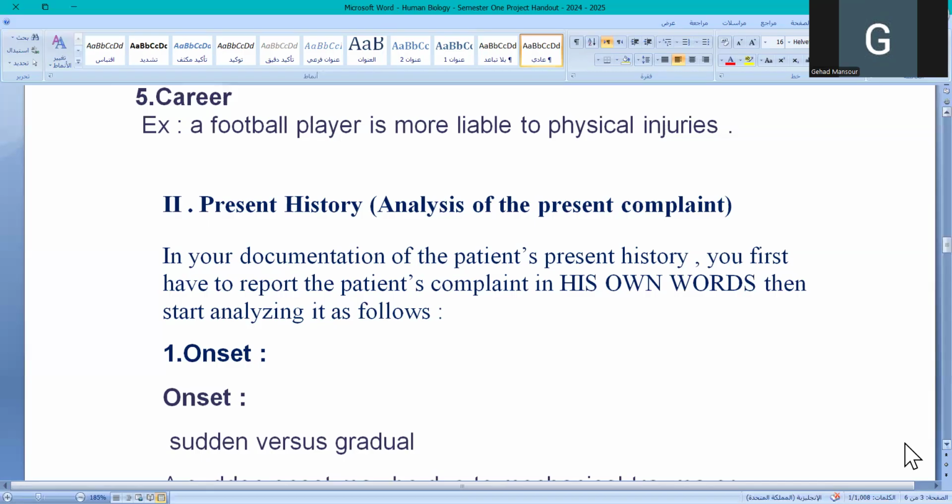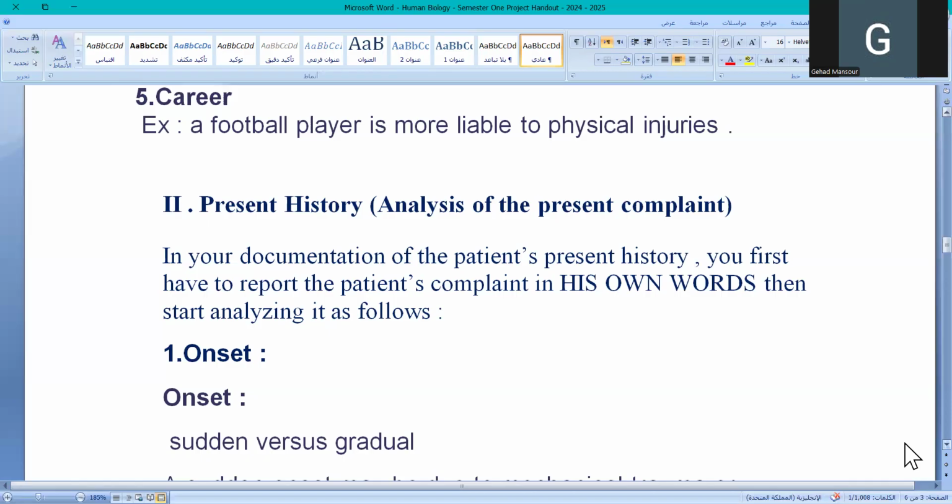For example, the present history. If the personal history was like a summary or a resume of the personal information of the patient, then the present history is the analysis of the present complaint. The patient comes to the clinic complaining of something, and this should be highlighted. It's not in the titles, but the present history is mainly about the complaint.